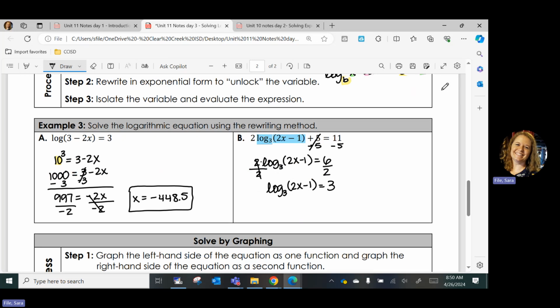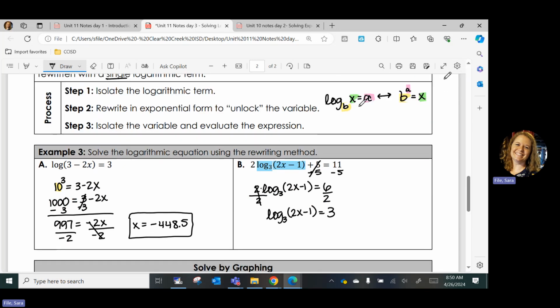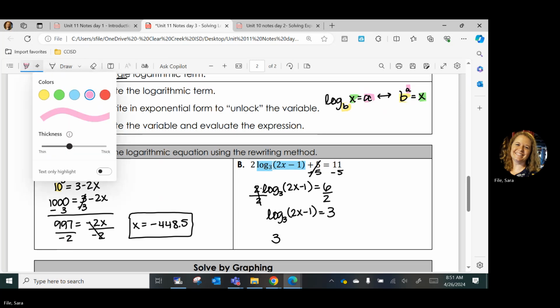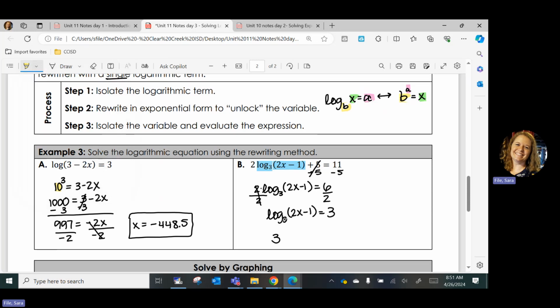Now step 2 is to rewrite it from log form to exponential form. So what is the base here? 3. This 3. What's the exponent? This 3 became the base.